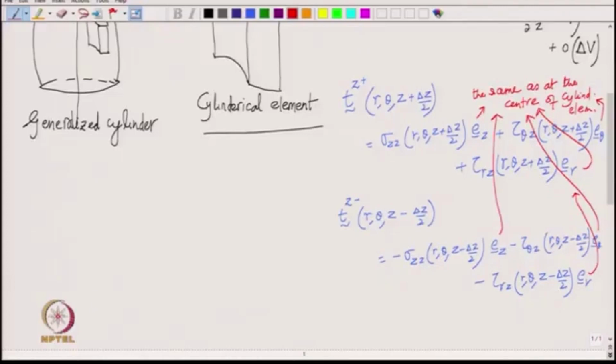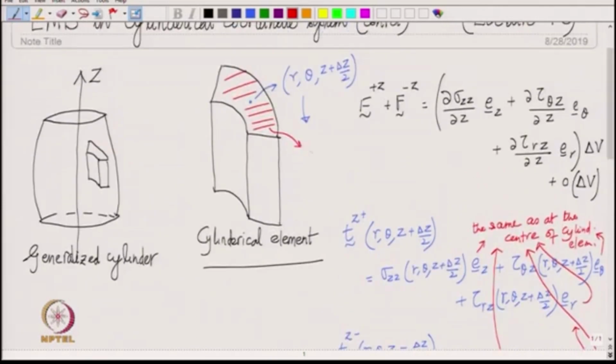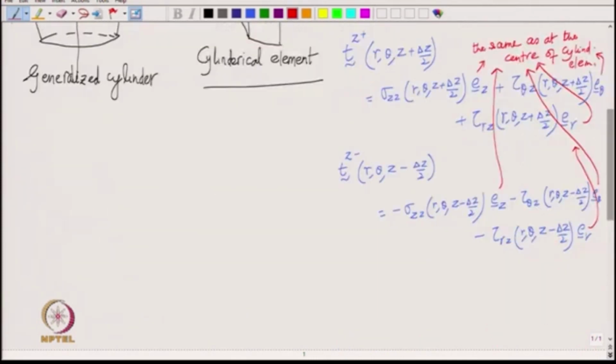And what is the area of the z plane? So, that is going to be r times delta theta into delta r, is not it? So, area of the z plane, that is small r into delta theta into delta r, right. Okay, very good. So, what would be then force on z plane for both plus and minus?